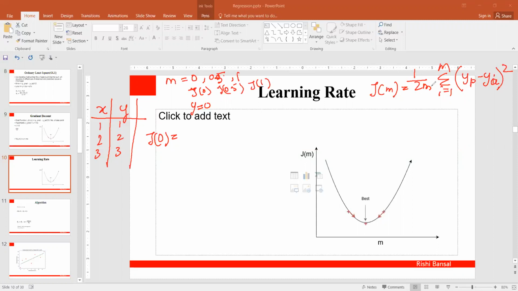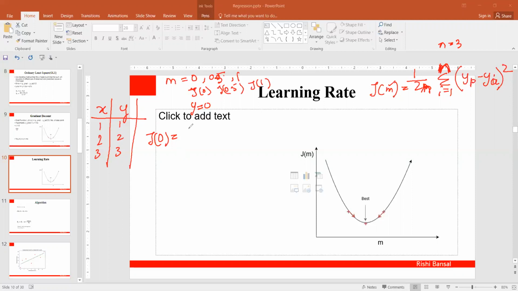Actually, I made a mistake in marking m. This m is different. You take i equal to 1 to n. This is not slope, this is the number of points. So the number of points here is n equal to 3.